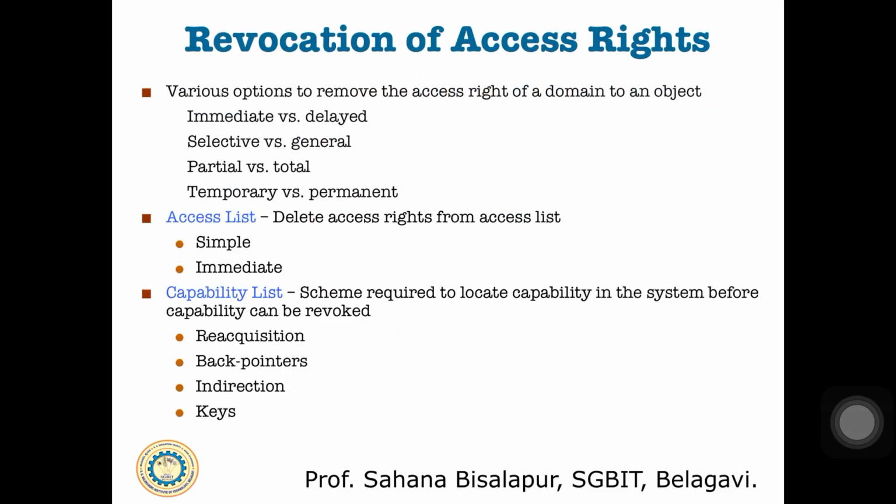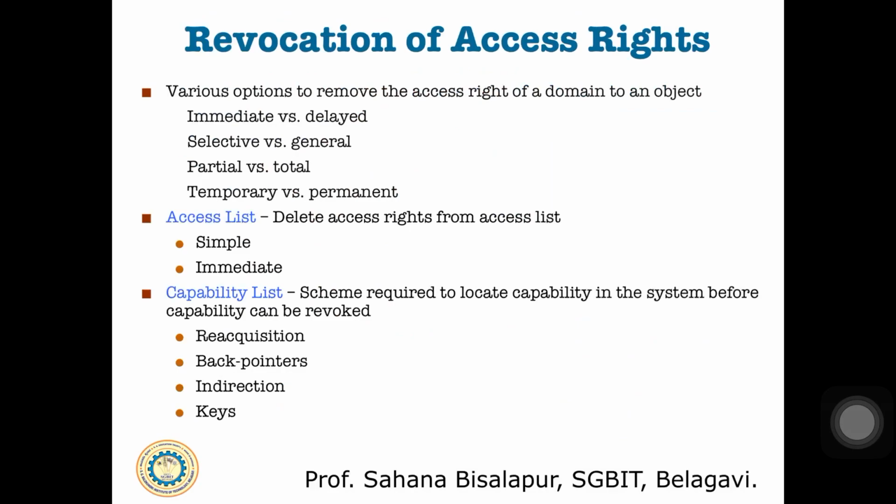This scheme also has various revocation methods, or revocation of capabilities can have various aspects. We can see them one by one. The first one is reacquisition. Here, capabilities are periodically deleted from each domain. If a process wants to use a capability, it may find that the capability has been deleted, and then the process can try to reacquire it.